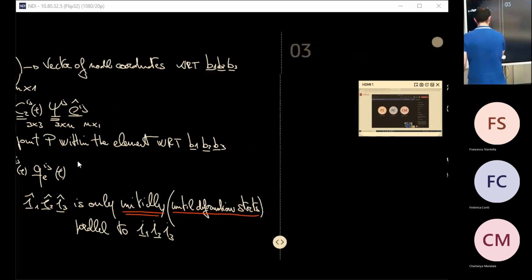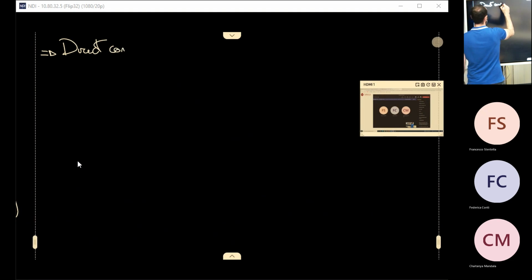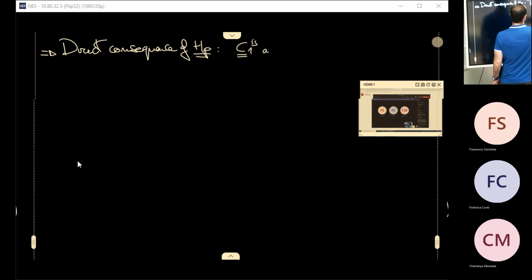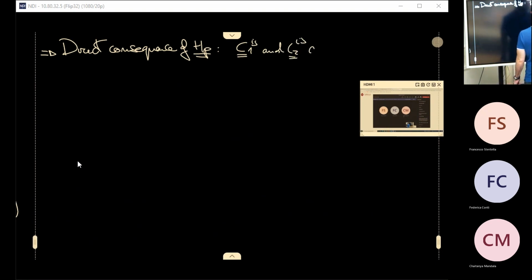So the direct consequence is that C1 ij and C2 ij are not function of time anymore.